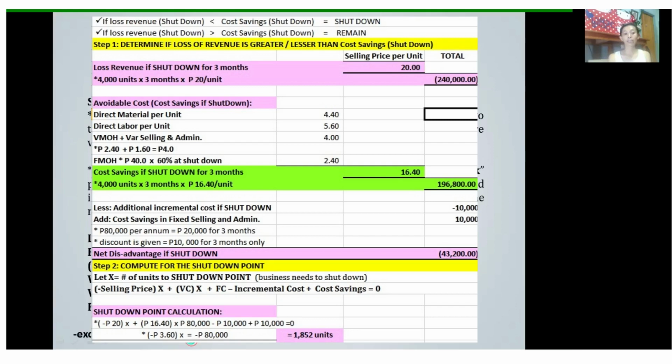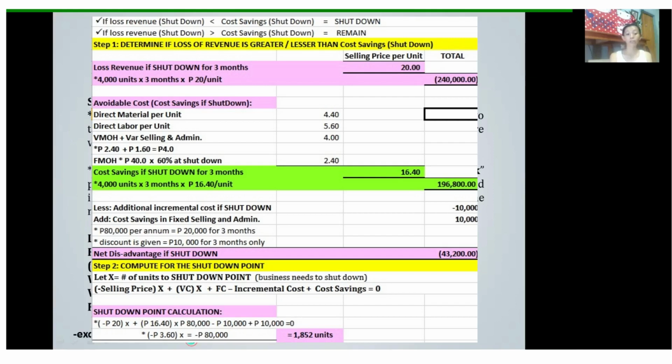So let X be the number of units at the shutdown point, and the formula for that is negative selling price times the number of units plus variable cost times the number of units plus fixed cost minus incremental cost plus cost savings equals 0.